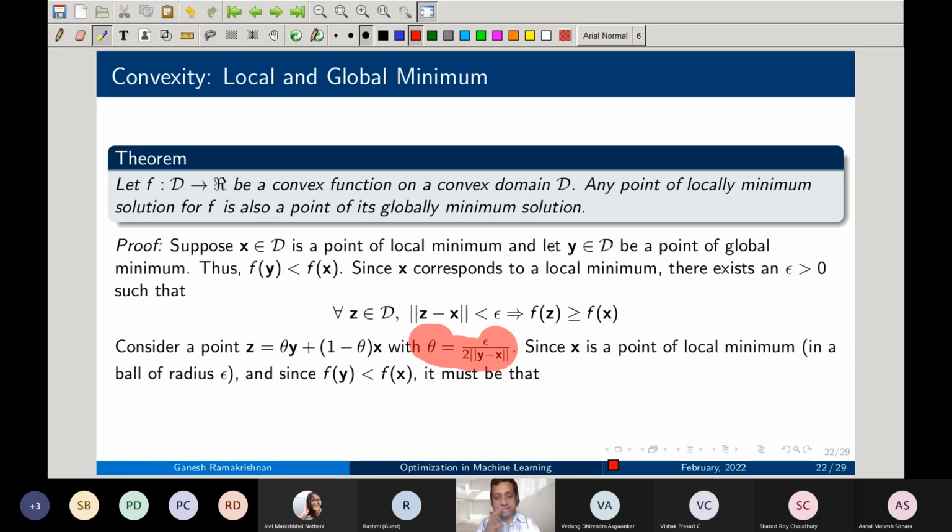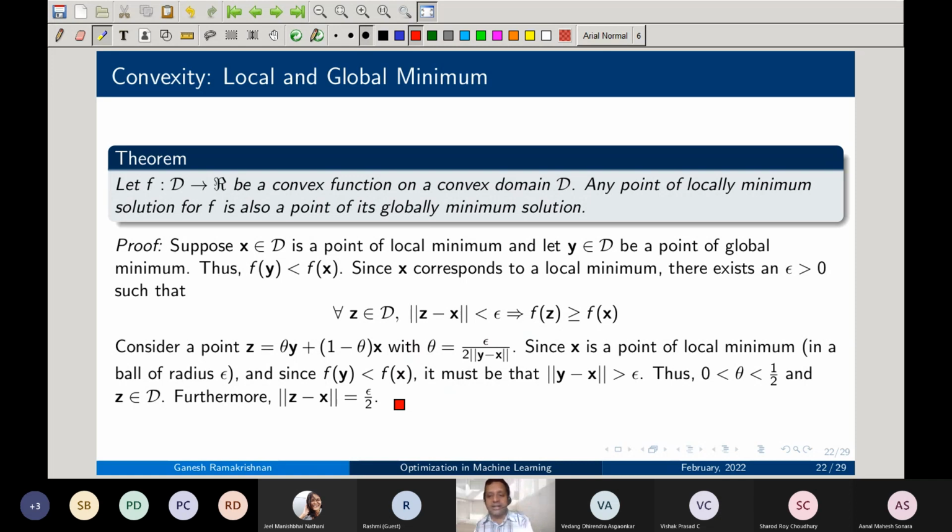I have a theta which is epsilon divided by 2 times the norm of y minus x. Okay, and I can show that this theta will get me my z within the ball. So since x is a point of local minimum, and since f of y is less than f of x, because we said there was a different point of global minimum, it must be that norm of y minus x is greater than epsilon.